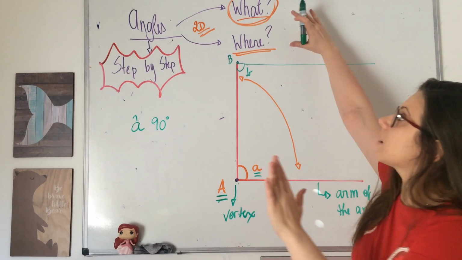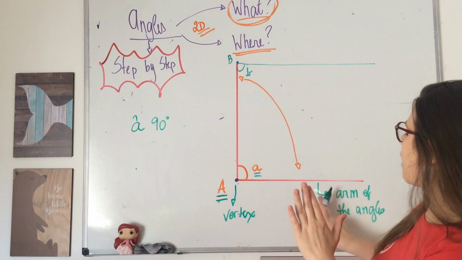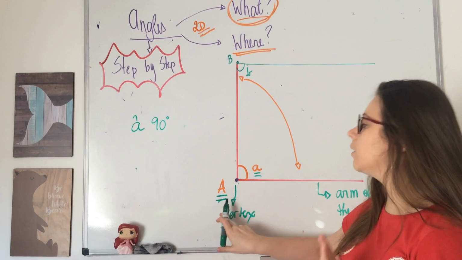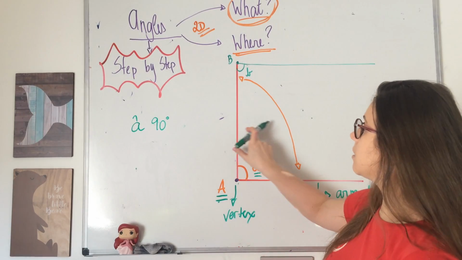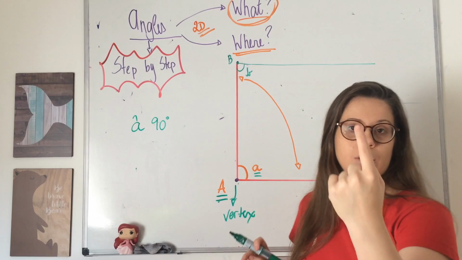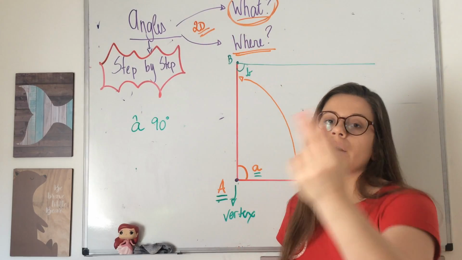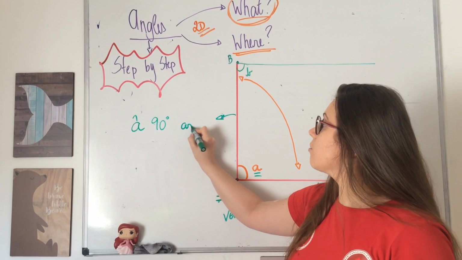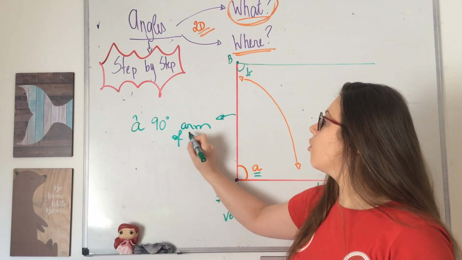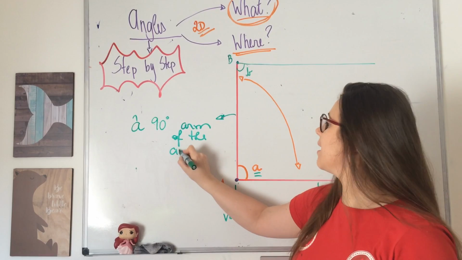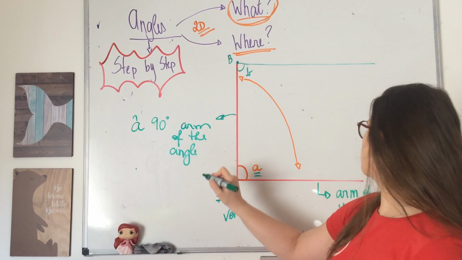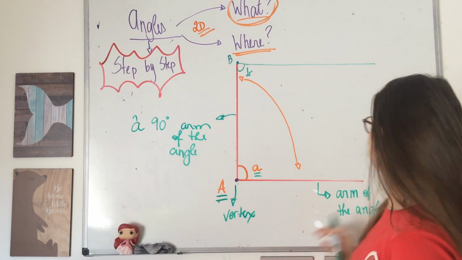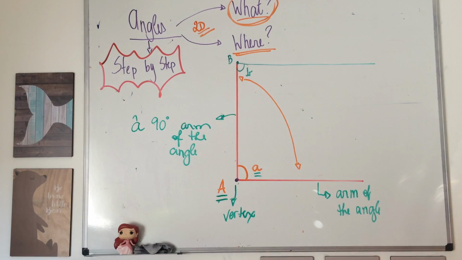So angles are formed by two arms, one vertex, because it's the distance between two lines, not one, not three or more, two. And remember, angles are consequences. They exist, whether you want it or not. This is the arm of the angle, this is the arm of the angle.